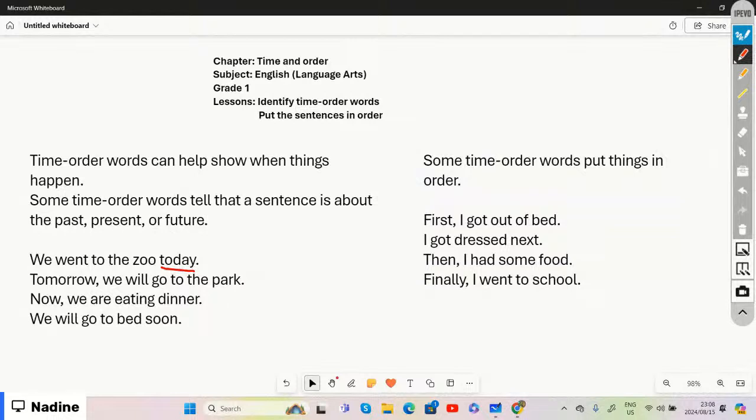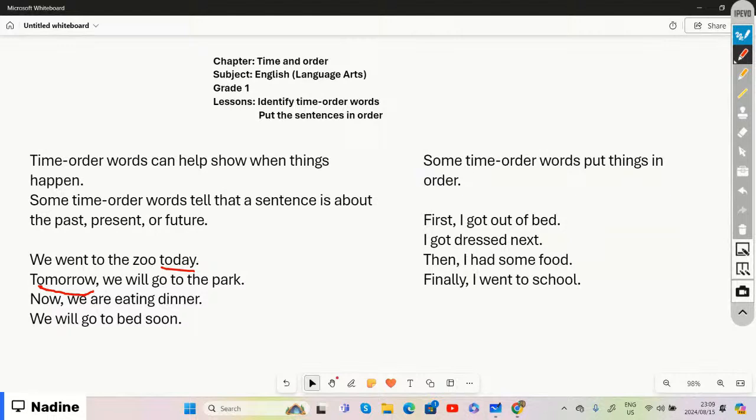Tomorrow we will go to the park. So the question is, when will you go to the park? And that will be tomorrow. Now we are eating dinner, right?